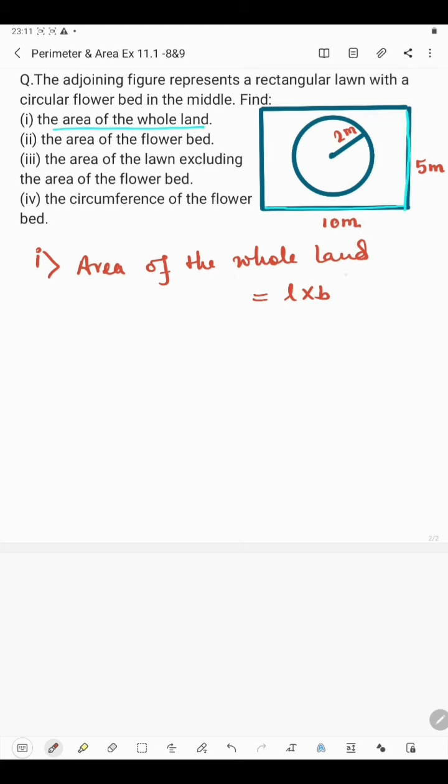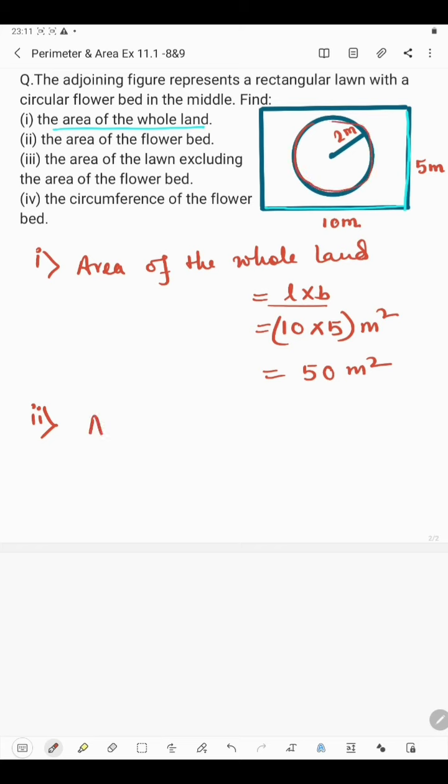Since this is in the shape of a rectangle, to find the area of a rectangle, we find the product of the sides, which is length into breadth, and length is 10 meter and breadth is 5 meter. So meter into meter is square meter. So 10 into 5 is 50 meter square, the area of the whole land. Now in the second part we have the area of the flower bed. Now the flower bed is in the shape of a circle, right?